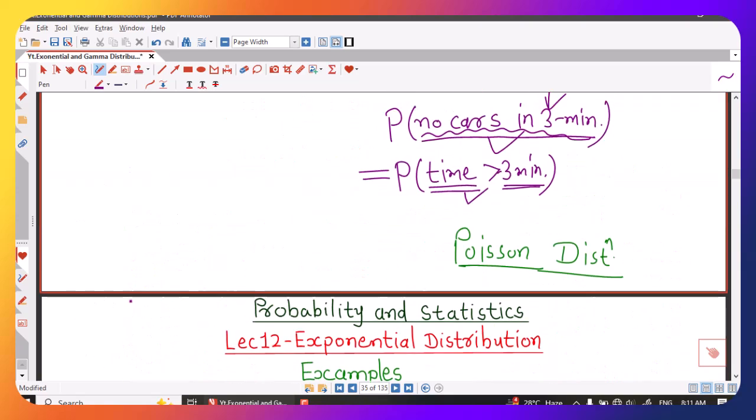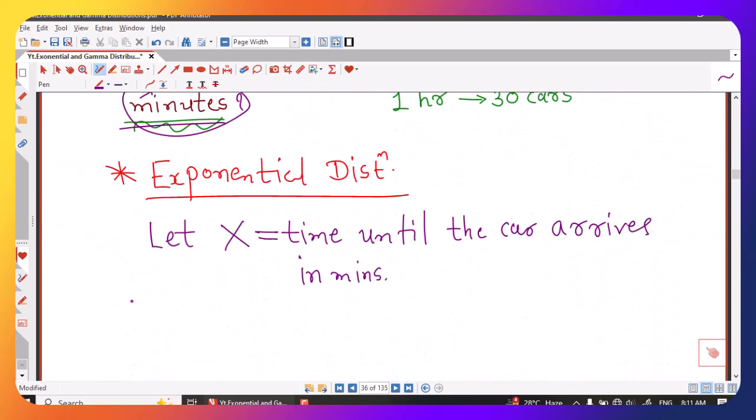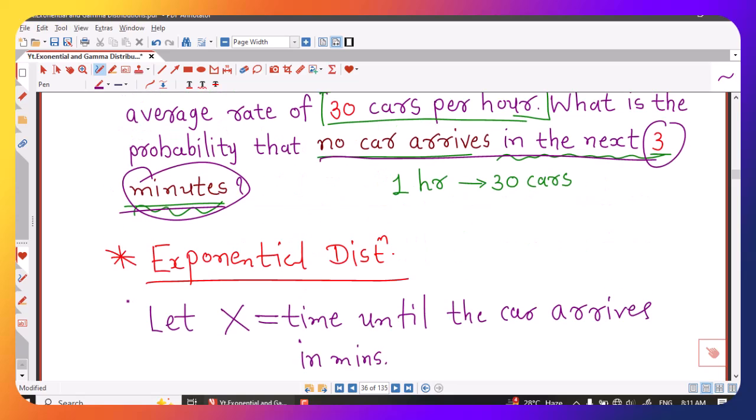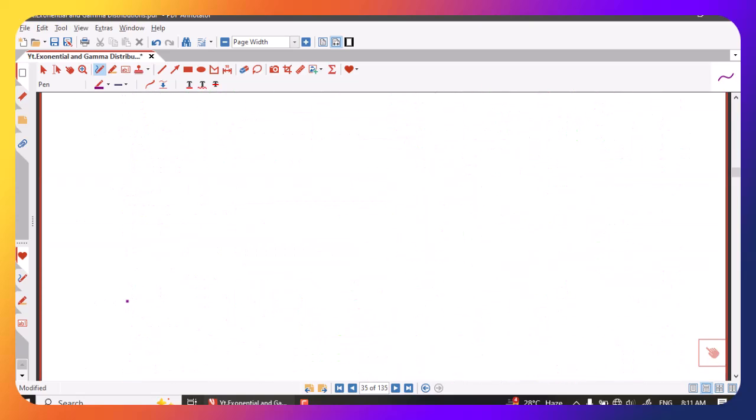Now as we know, for exponential distribution the parameter is lambda, and it is equal to the average number of events per unit of time.